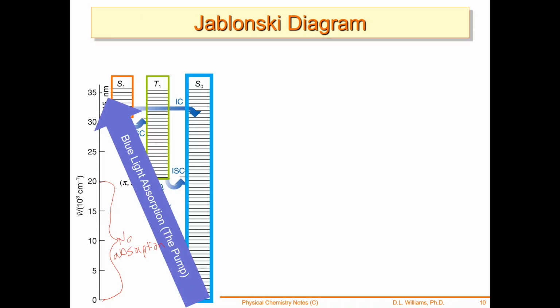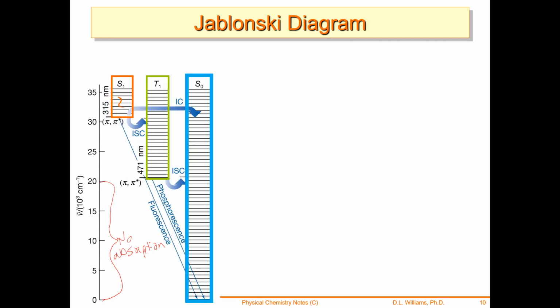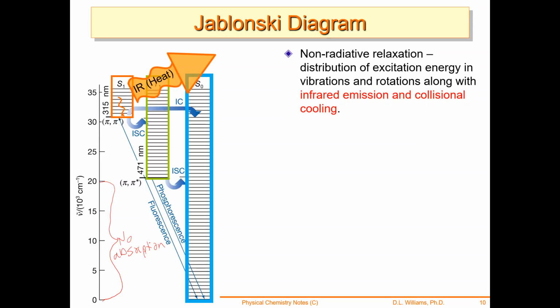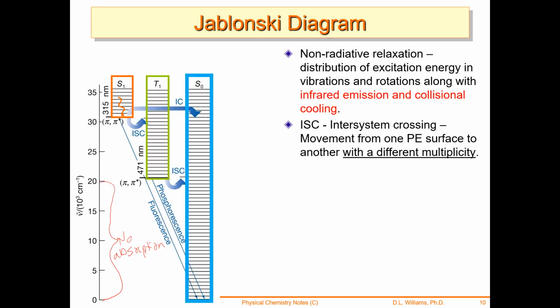So we have light taking us to this excited singlet state, and then we think about the fate of the excited states. It can rattle down in that singlet state and give off infrared energy and heat. And so that's non-radiative relaxation. Then you can have intersystem crossing. So it can come over here and do intersystem crossing to this triplet state.